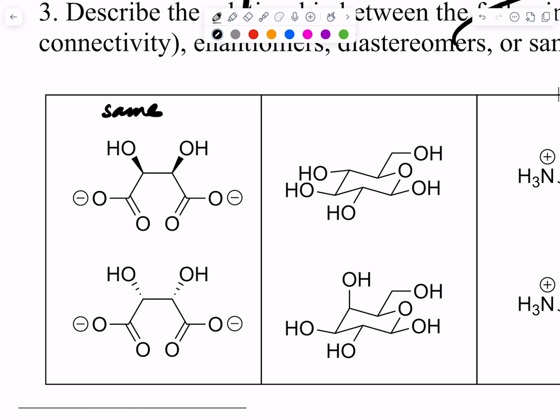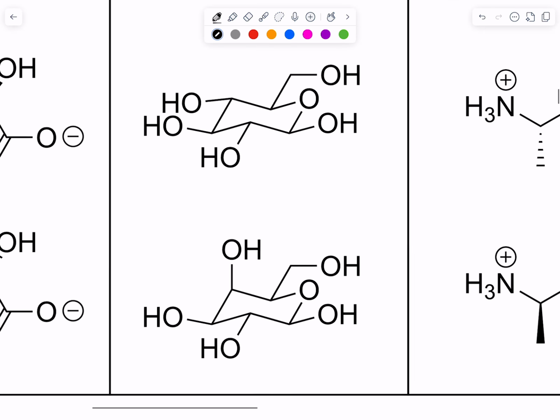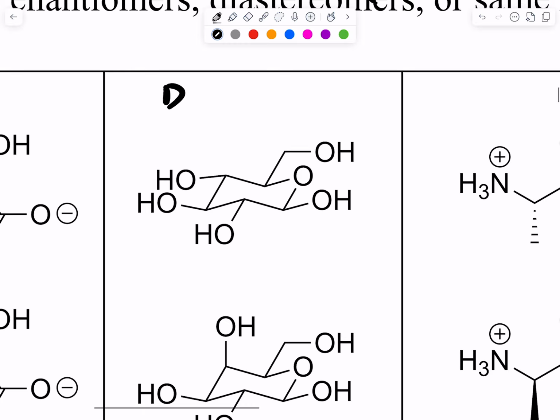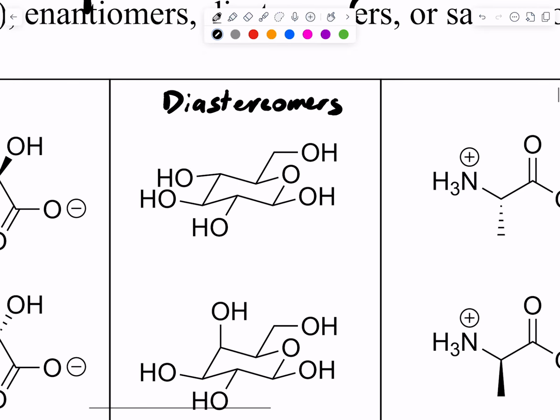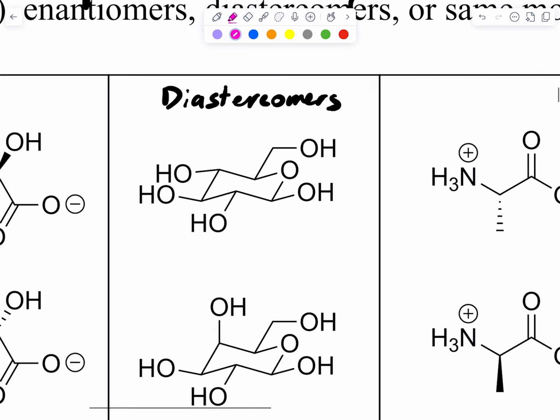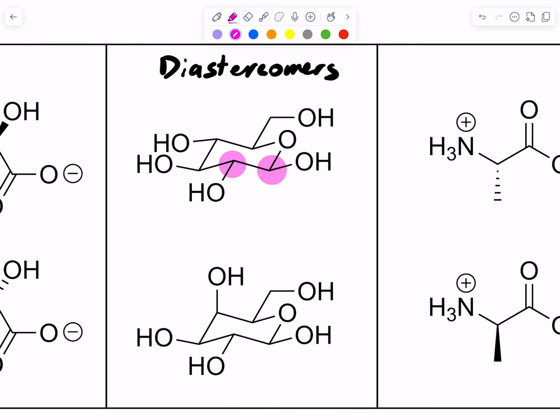Okay, how about these two? Diastereomers, good. How did you know they were diastereomers? Yeah, that's actually a really useful tool for diastereomers. Diastereomers are different at least one, but not all stereocenters.